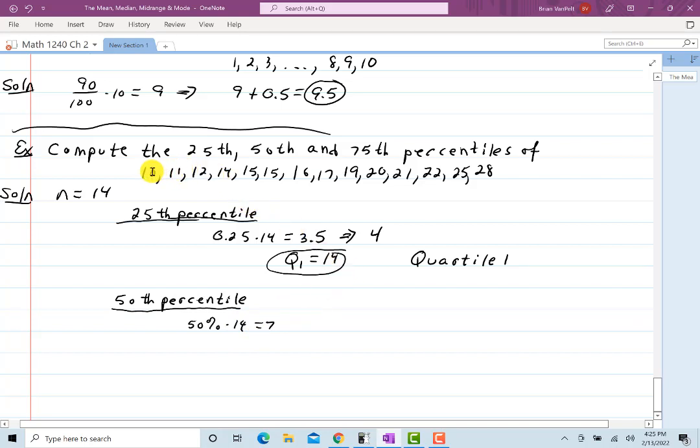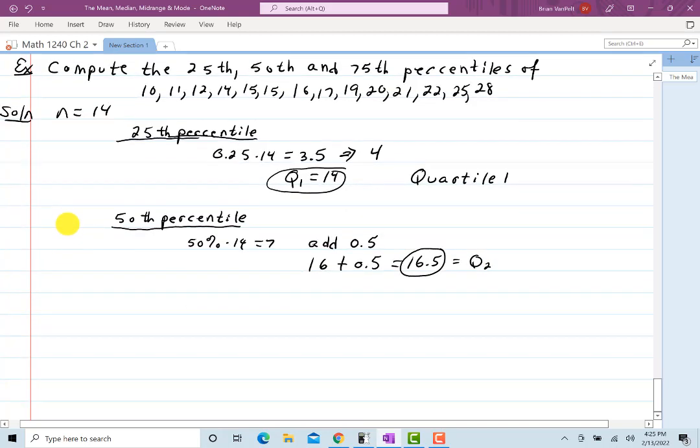So let me see. 1, 2, 3, 4, 5, 6, 7. Since it's a whole number, we want to add 0.5. So we take our 16, which is in position 7, and add 0.5 to it. So that is Q sub 2, which is the 50th percentile, or quartile number 2.